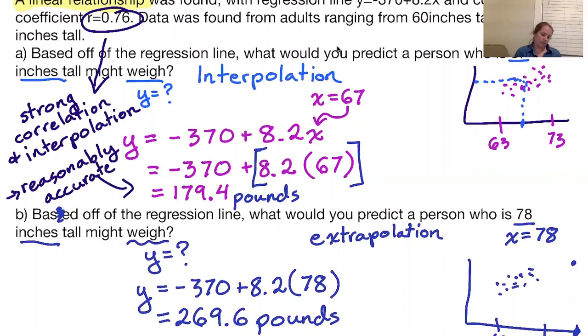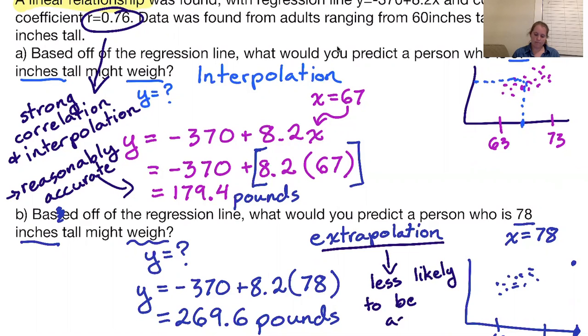Whereas this one, because it's extrapolation, it's less likely to be accurate. So that is making predictions based off of the regression line.